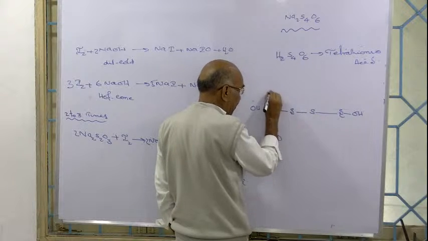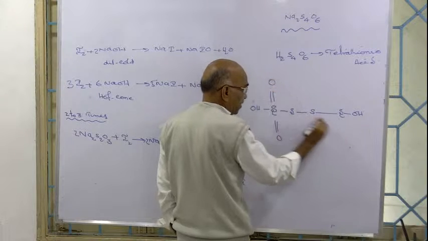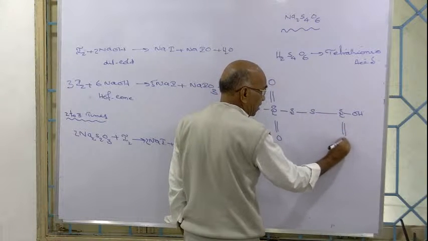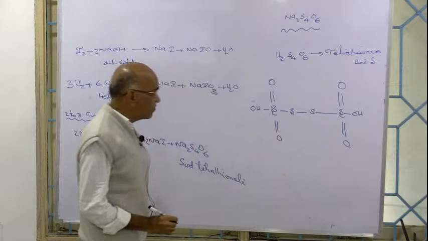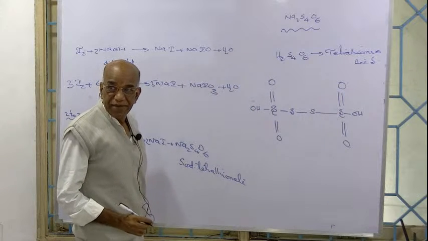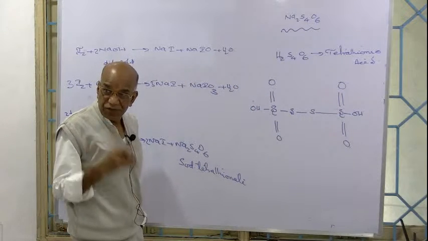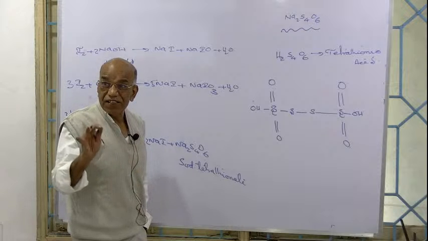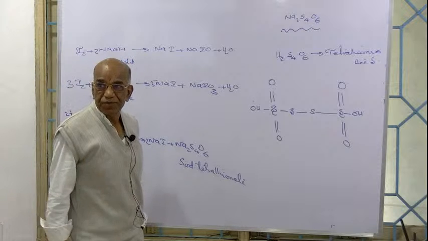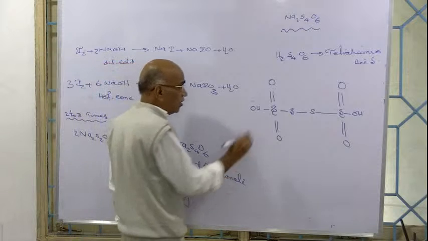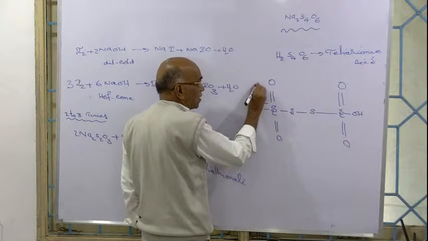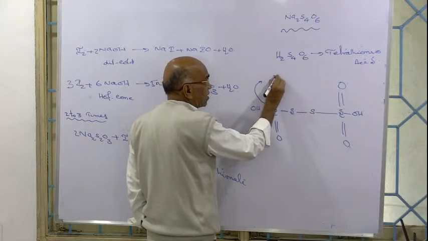Look at the oxidation states of sulfur. Terminal sulfurs exhibit +5. Central sulfurs exhibit 0. Average goes to fractional 2.5. Look, 2 balances towards this side. You get oxygen -2.